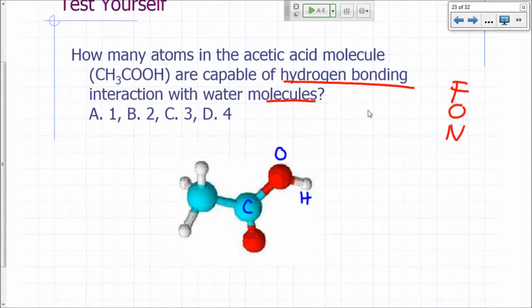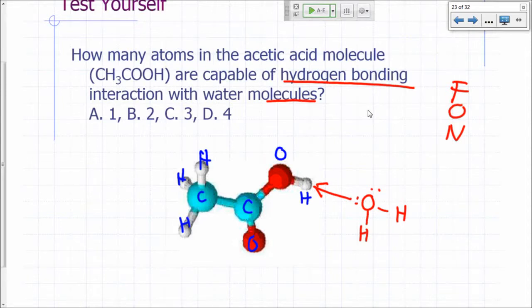That's carbon, oxygen, hydrogen, carbon, hydrogen, hydrogen. CH3COOH. So this hydrogen right here would be attracted to a water molecule nearby. That interaction between the hydrogen on the acetic acid molecule and the lone pair on the oxygen of a neighboring water molecule is what you would call a hydrogen bonding interaction between these two molecules. So that's capable of hydrogen bonding interaction.